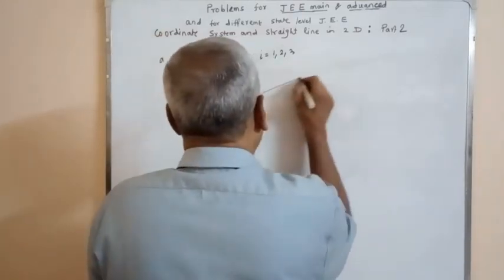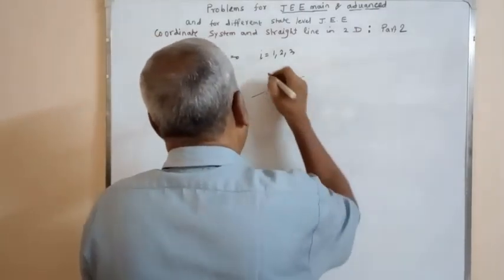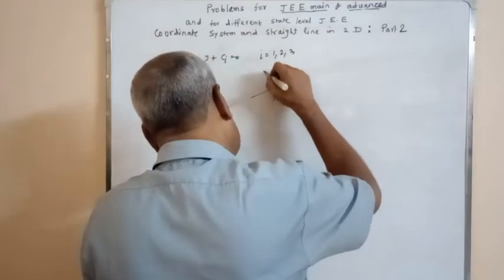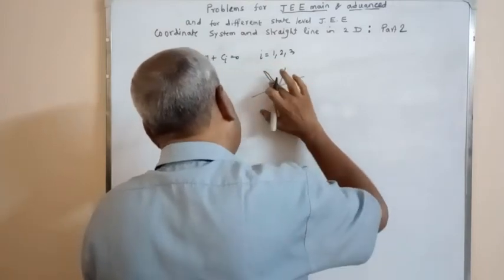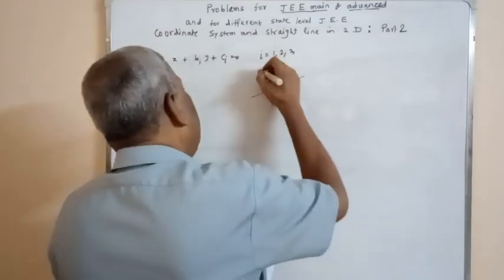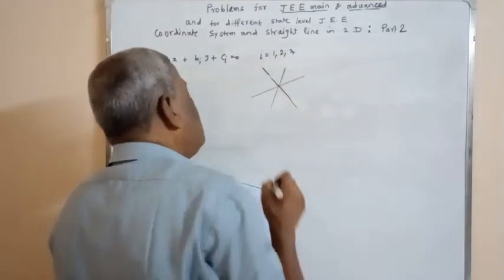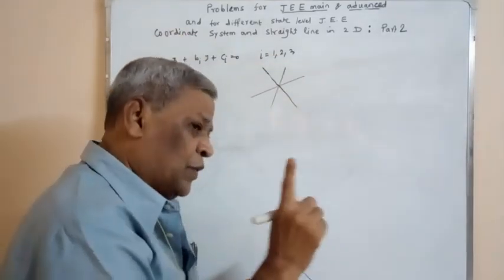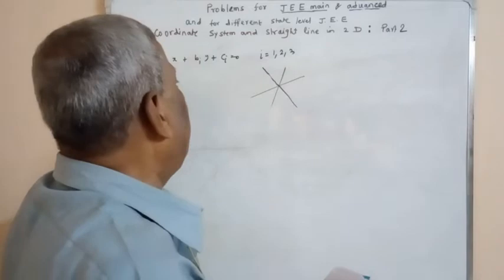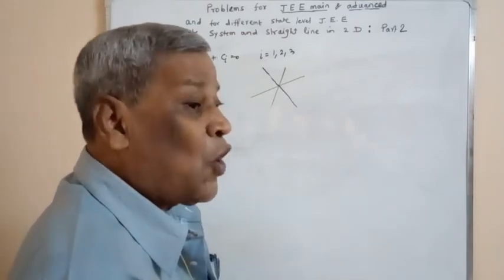Concurrent means, suppose this is a straight line, another straight line, this is the third straight line. If the three straight lines pass through a common point, then we say that the straight lines are concurrent.